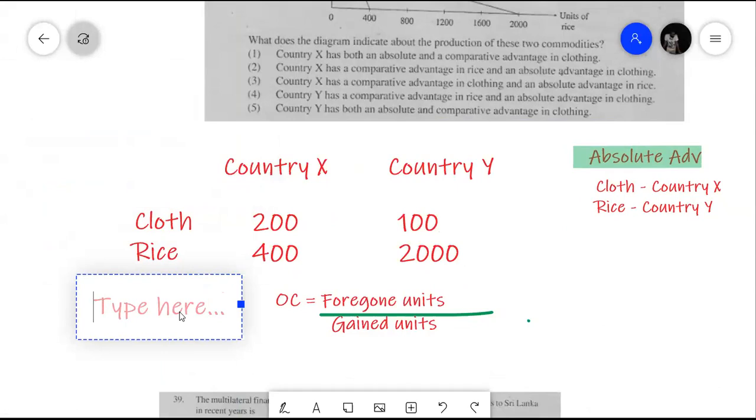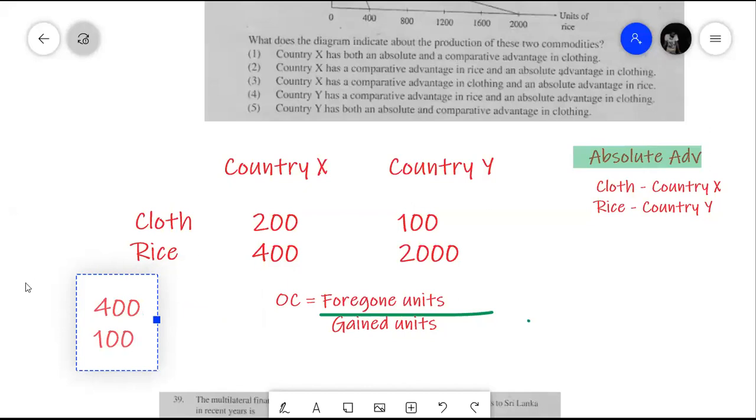To gain 200 cloth, can you tell me how much rice country X should sacrifice? 400, right? If they are to produce 200 cloth, they have to give up 400 units of rice.